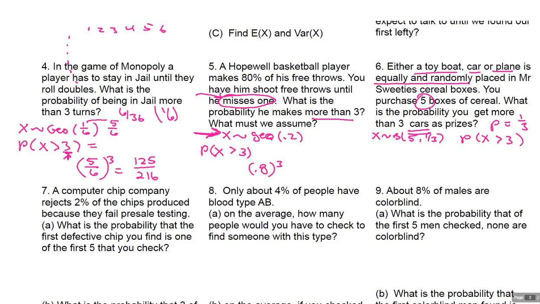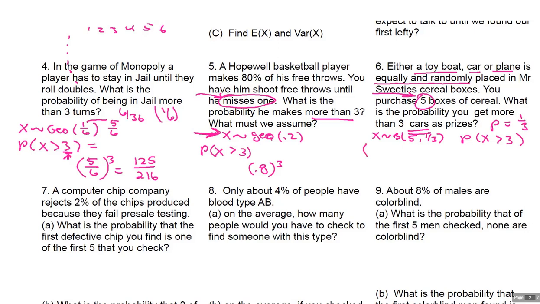So keep in mind, there are only 5 boxes of cereal. If it's not 3, it's got to be 4, right? And if it's not 4, it's got to be 5. And why can't it be more than 5? Because I only got 5 boxes of cereal, right? So I've got to find the probability of 4 and the probability of 5 and add them together.